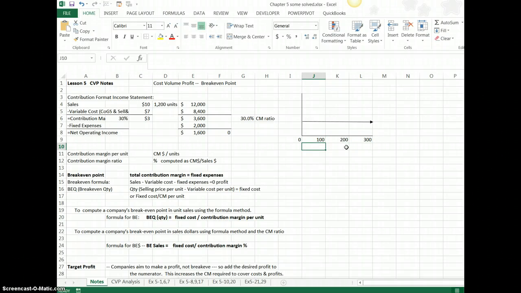Within a relevant range of activity, the cost stays the same. Example, insurance on the factory or insurance on the building. Salary for an individual. It doesn't matter how many units they make, they get paid the same. So the dollar amount stays the same.